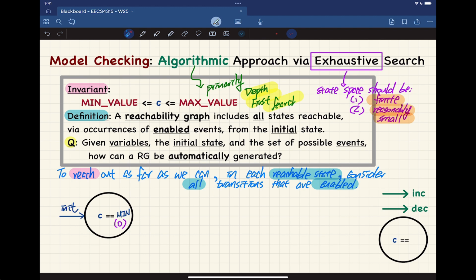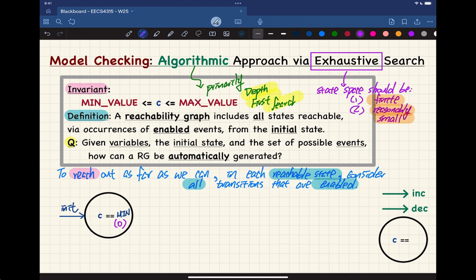All right, so now for this particular state, for increment and decrement, are they both enabled? Not really, because you cannot really execute decrement, right? Because decrement is going to get the counter value down to minimum minus 1. So it should not be enabled. So the only event that's enabled will be increment, right?